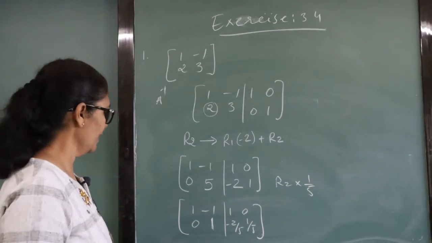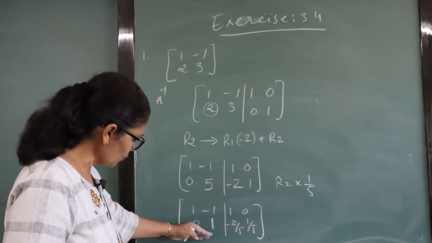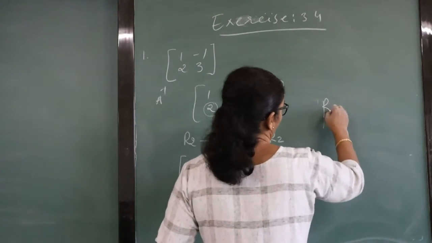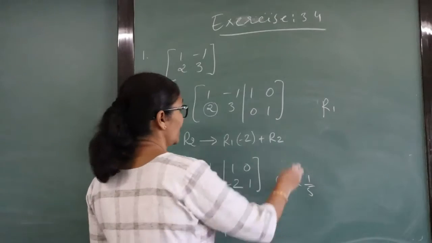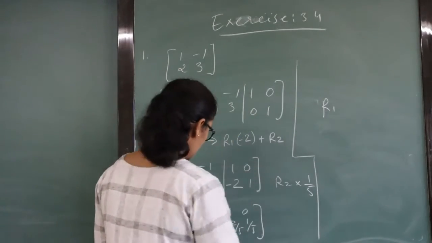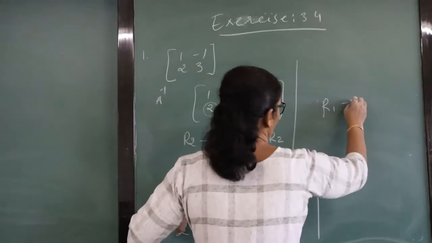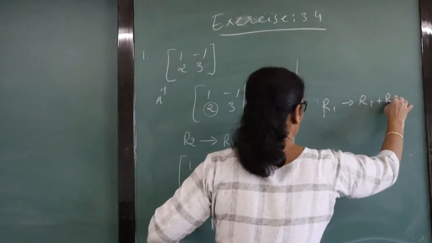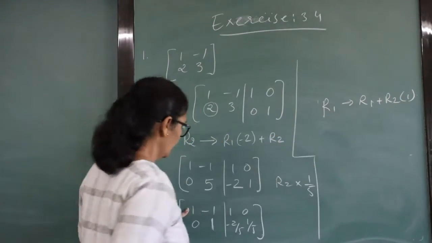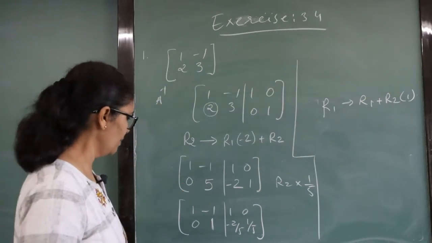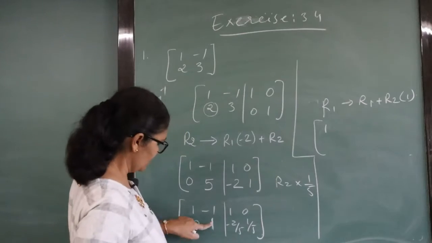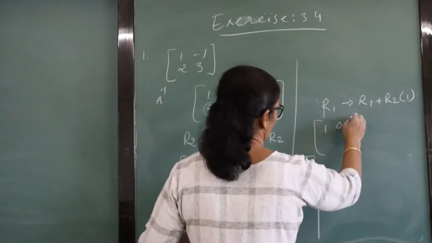Now the easiest way is that this row will be added to the first. We have to make a change in R1. R1 will be added with R2, meaning this is directly added here. Let us add it. 1 as it is, -1 plus 1 will be 0.